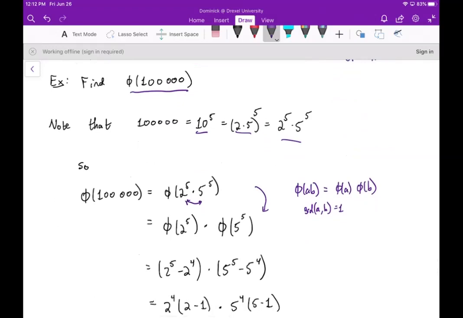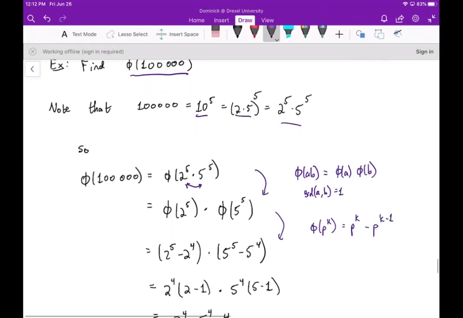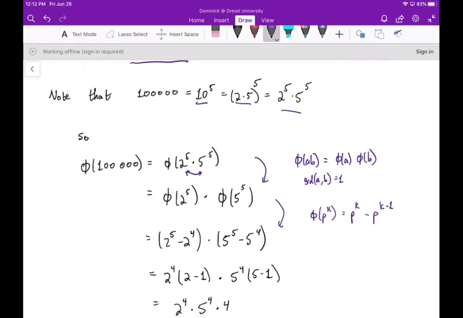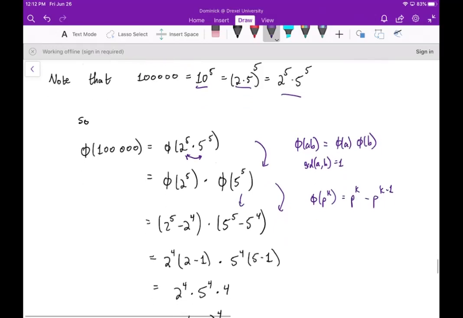Well, then at this point, we can take our primes to those powers, and we know that phi of a prime to a power is p to the k minus p to the k minus 1. So phi of 2 to the 5th will be 2 to the 5th minus 2 to the 4th. And phi of 5 to the 5th will be 5 to the 5th minus 5 to the 4th.